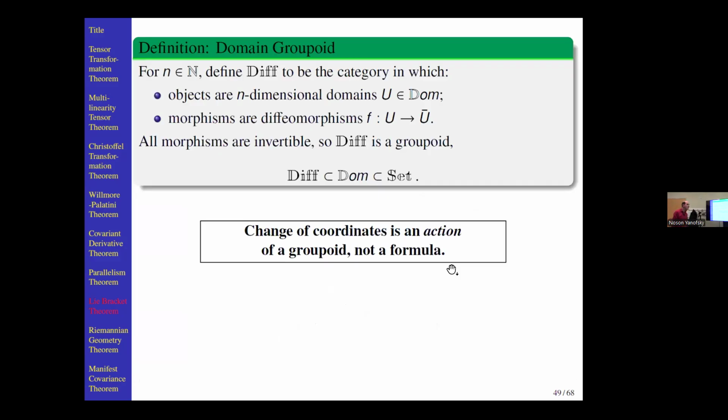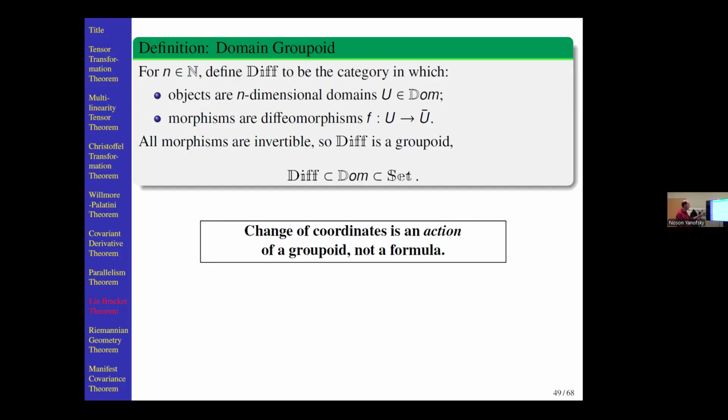Okay, new topic. Trying to see what the real underlying mechanisms are from a category theoretic viewpoint. So remember that the domain category DOM is a category of open sets in R^n, but within that category are the diffeomorphisms between open sets from R^n to R^n.